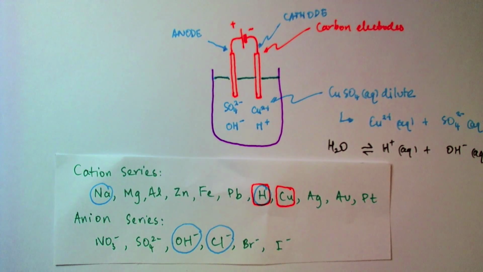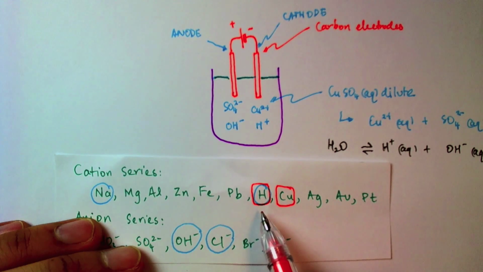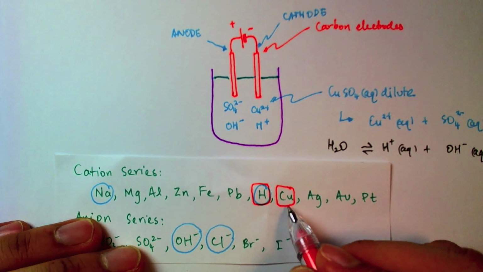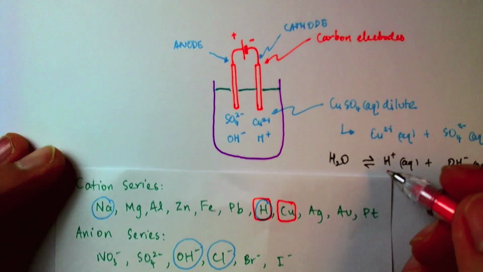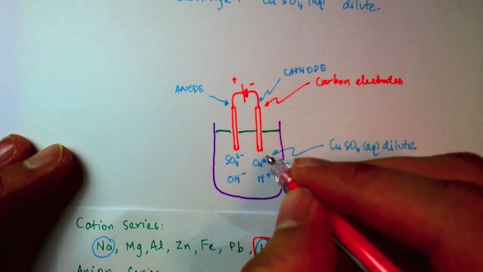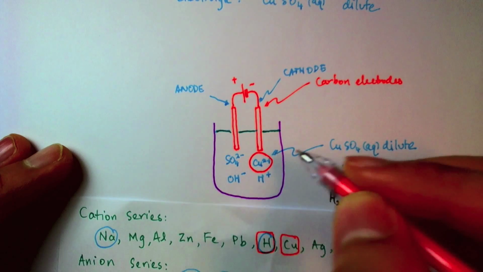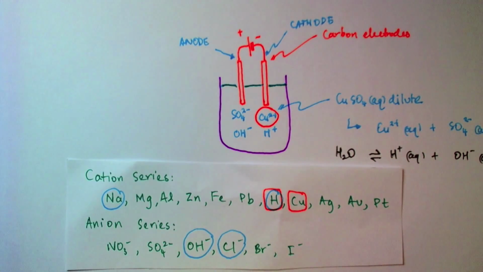We see that at the cathode, the copper is less reactive than the hydrogen. The one that is less reactive will tend to be the one that is discharged. So I will circle copper here because hydrogen is more reactive, so it's going to want to stay as an ion in the solution. So copper is going to have to be discharged in place of it.